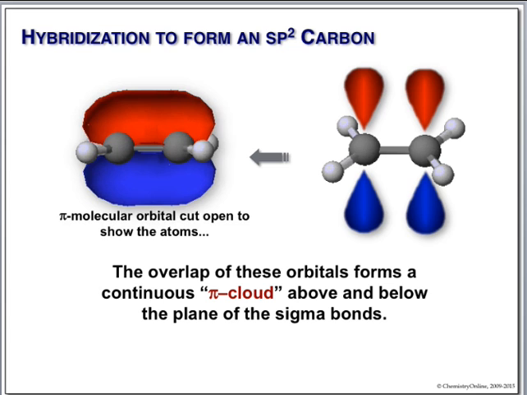So when we talk about a carbon-carbon double bond, one of these is our sigma bond, this one, the real covalent bond, and the other bond is constructed from these p orbitals, and we're going to call that a pi bond. Greek letter pi, we say we have a pi cloud above and below the plane.